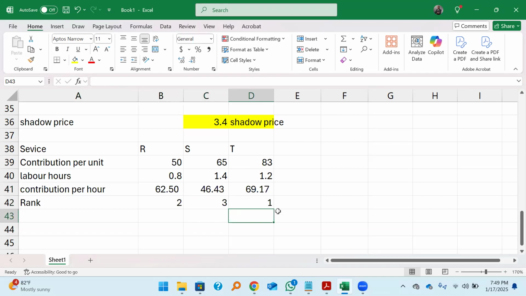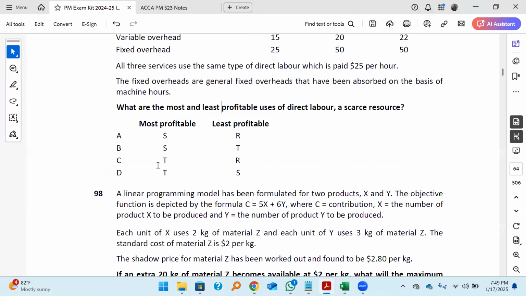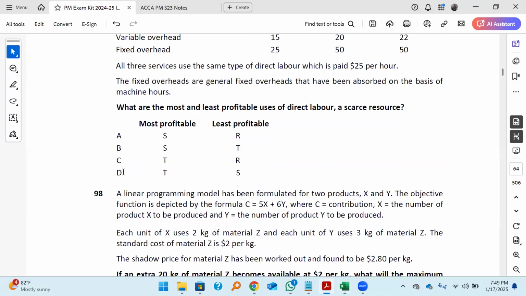So it means that T will be ranked number 1. So rank number 1 is the most profitable, which is T, and the least profitable is S. So which means the answer here is going to be D. Okay, so most profitable T, least profitable S.